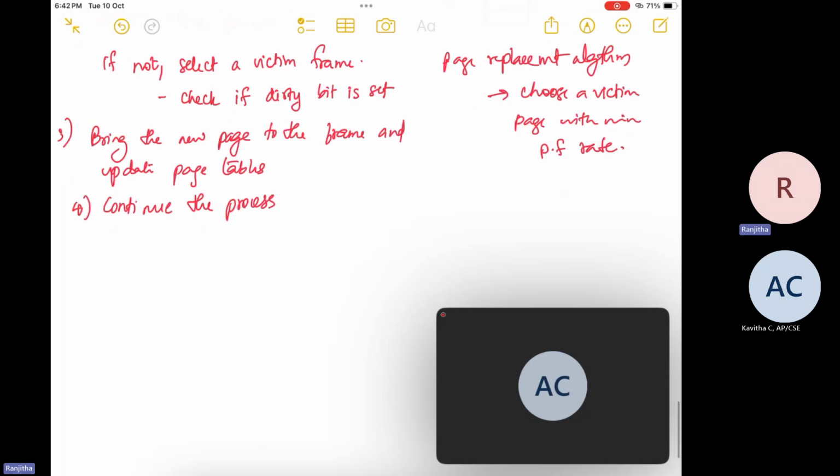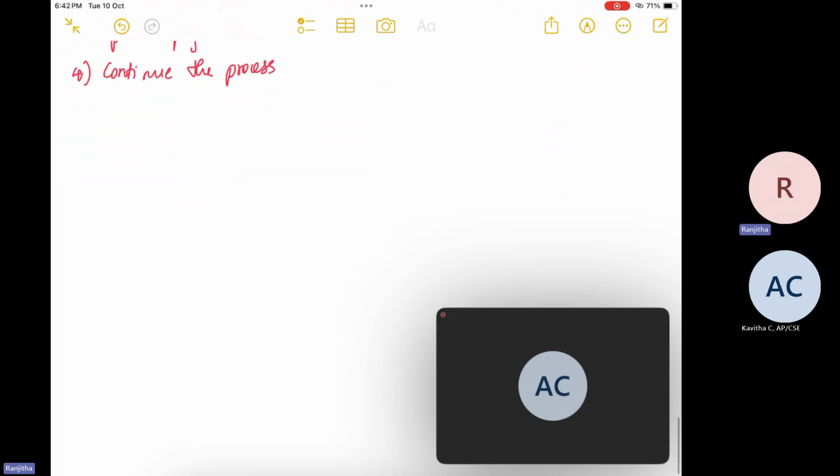One of the common page replacement algorithms is FIFO, first in first out, as we have seen in CPU scheduling. Here also there is a FIFO algorithm.